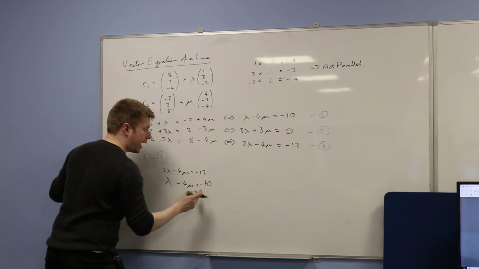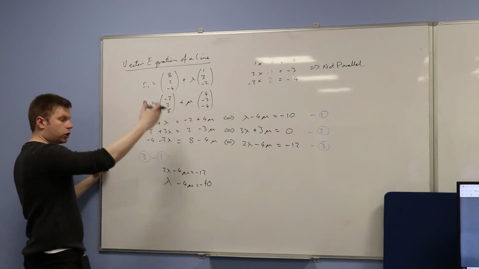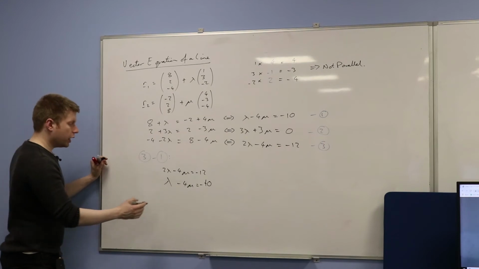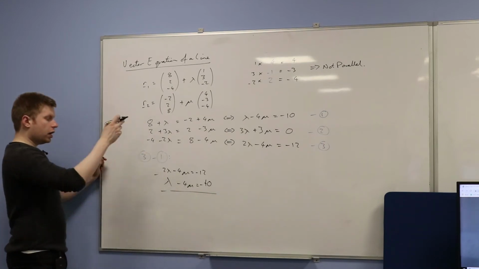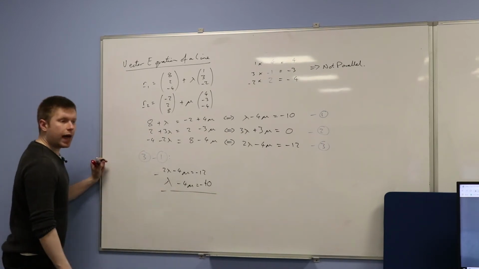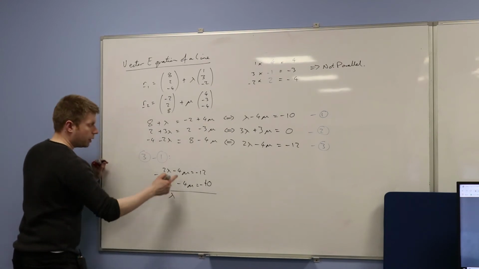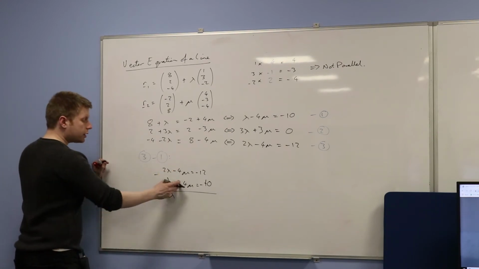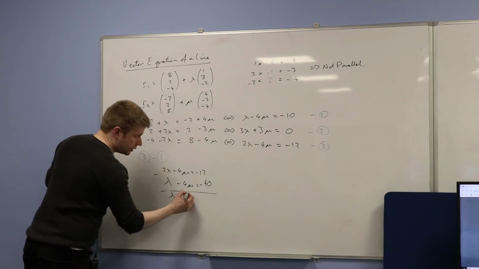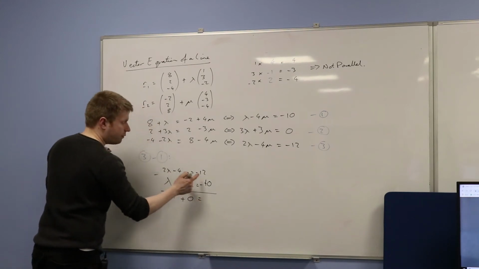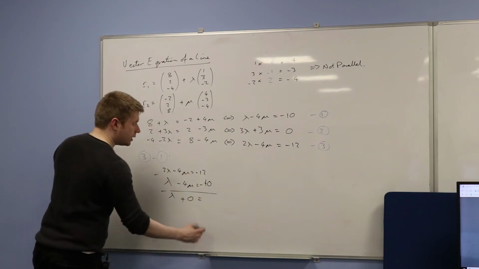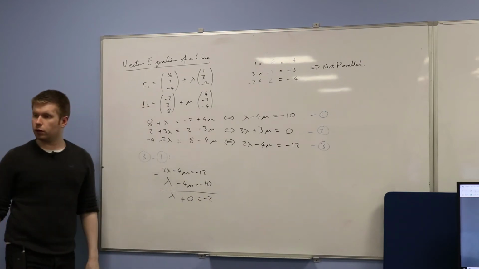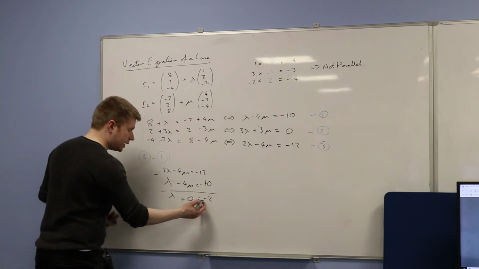You notice how I'm setting that out, making sure the lambdas, the mus and the constants all match up along with the equals. Taking them away from each other, I've got 2 lambda take away lambda is just 1 lambda. -4 mu take away -4 mu is nothing. And I have -12 take away -10, which is -2. Happy with that? So I have lambda equals -2.